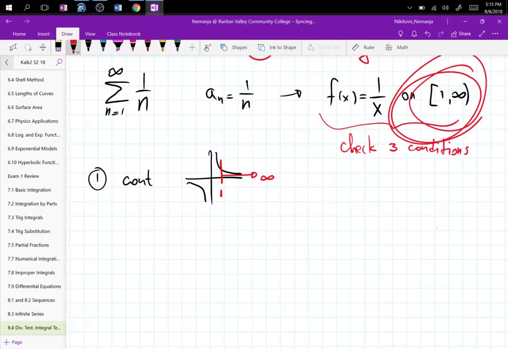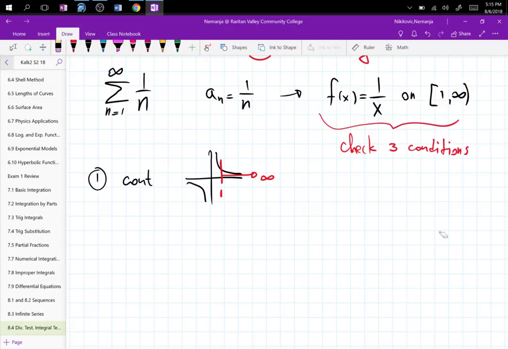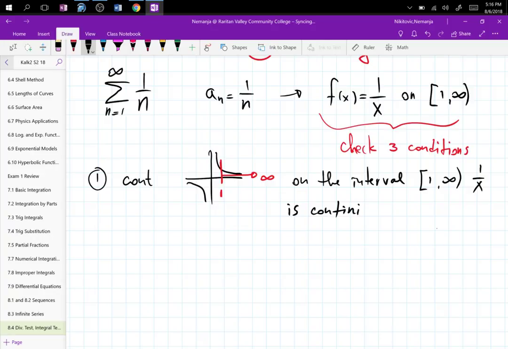And guys, you will always have the interval because you have these bounds on the sum, so that gives you the interval, and you will always be able to look at that part of the function. So on the interval 1 to infinity, 1 over x is continuous.